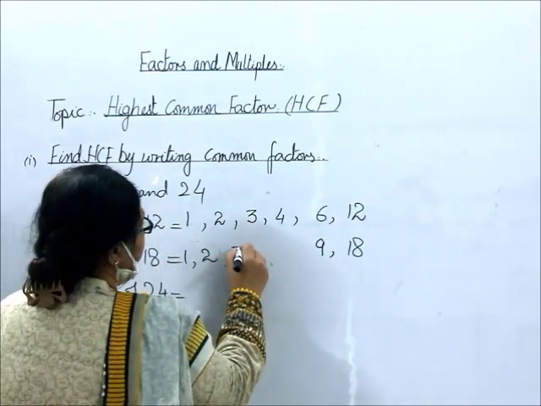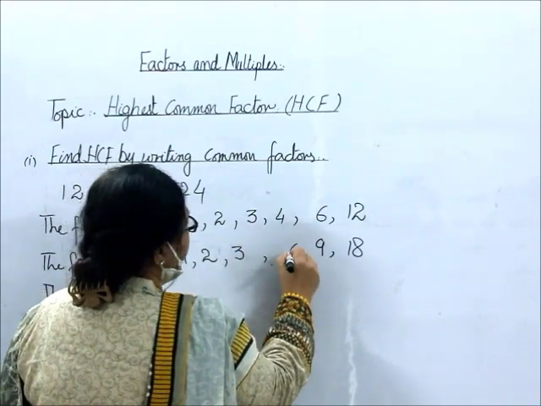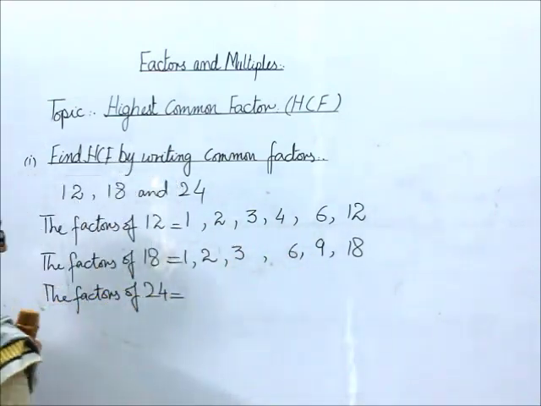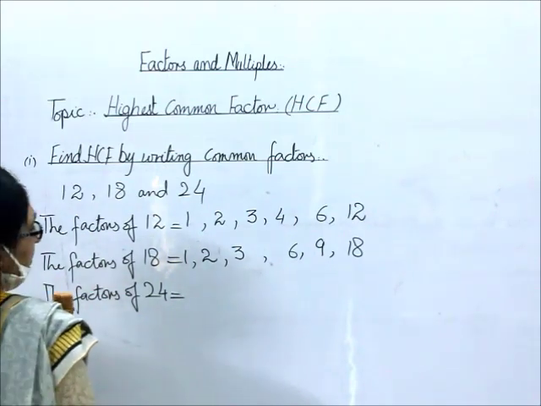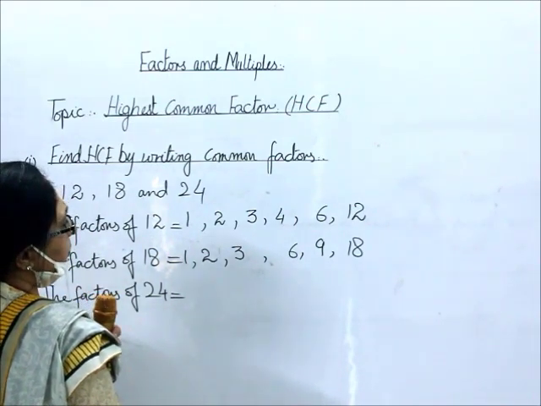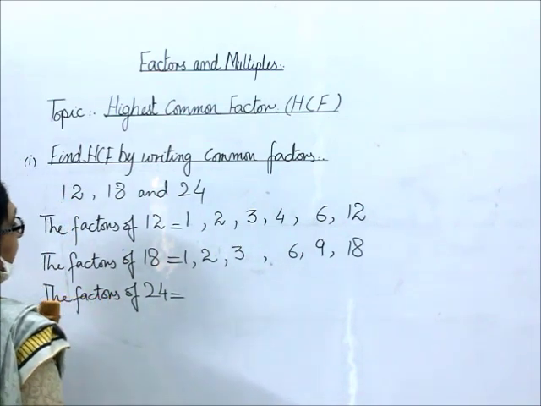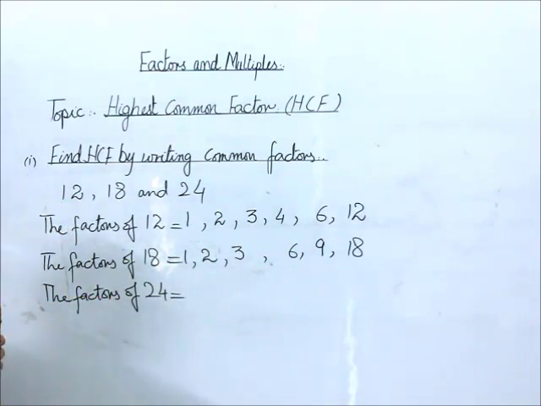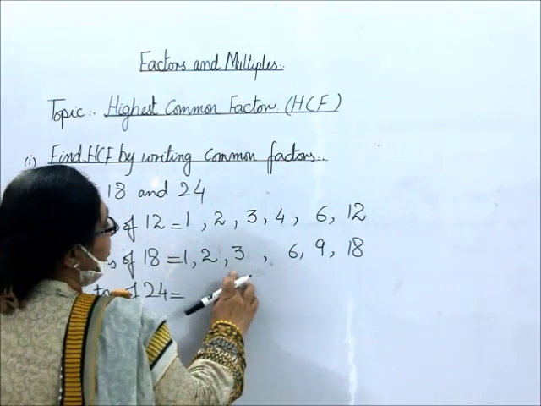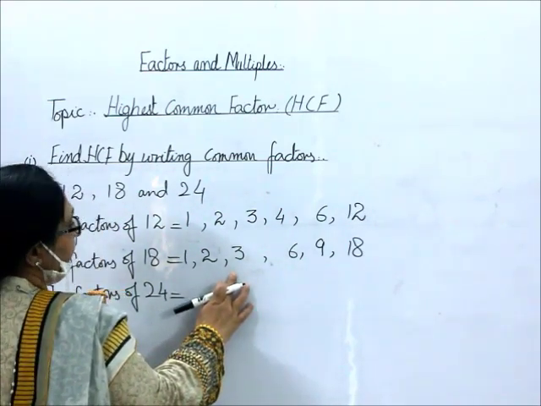So 3 and 6 both are the factors of 18. Between 3 and 6 we have the tables of 4 and 5. But we do not have 18 in the table of 4 and 5 because they do not divide number 18 completely. So these are the complete set of factors of number 18.